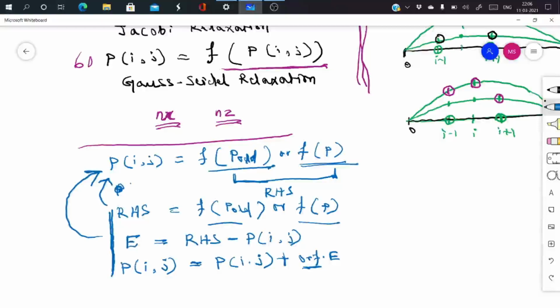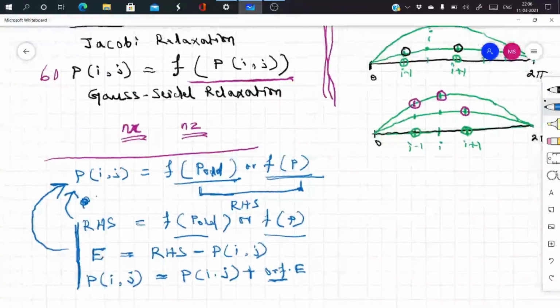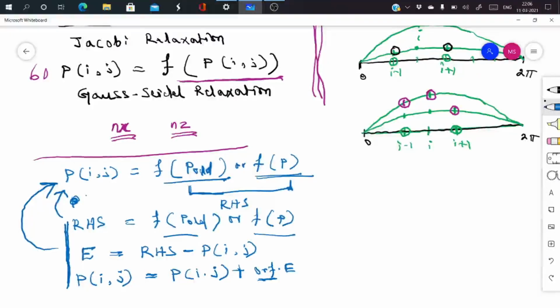So what essentially you are doing here, as I told you, this solution is an iterative process. So imagine in this figure, this is your first iteration, this one is your second iteration, something like that. The value changes from here to here, and this is actually that error, or delta P, the change per iteration.